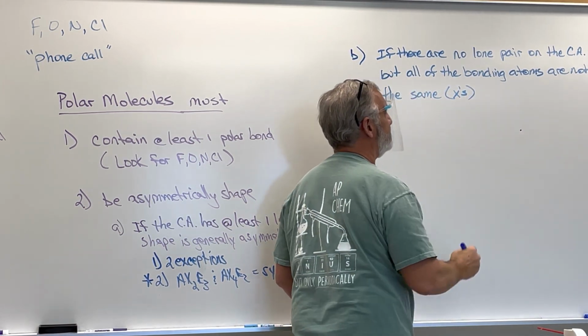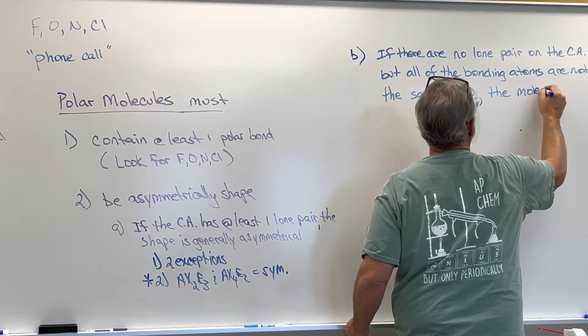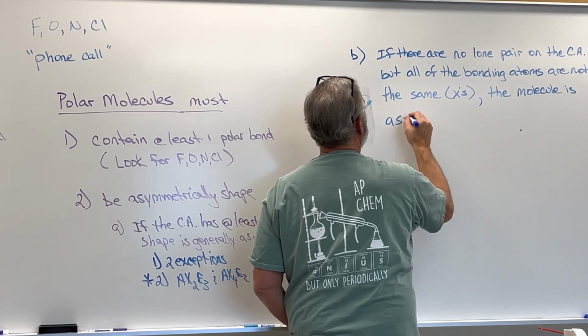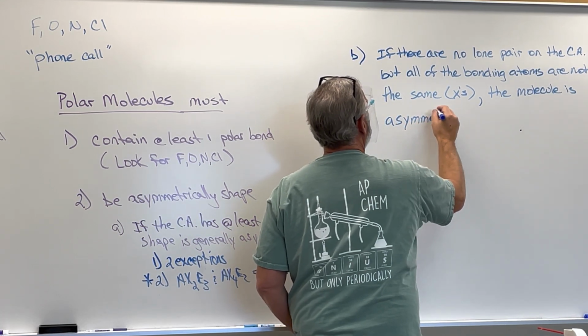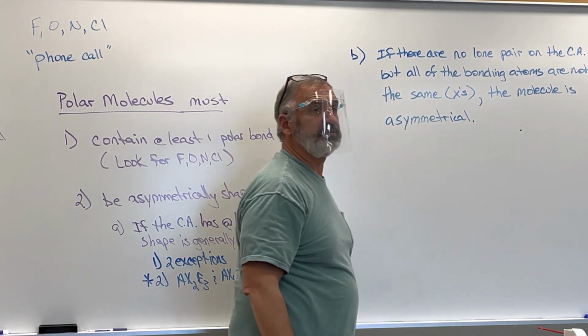You have different X's. The molecule is asymmetrical. So even if it doesn't have any lone pairs, if the atoms aren't all the same, it can be asymmetrical.